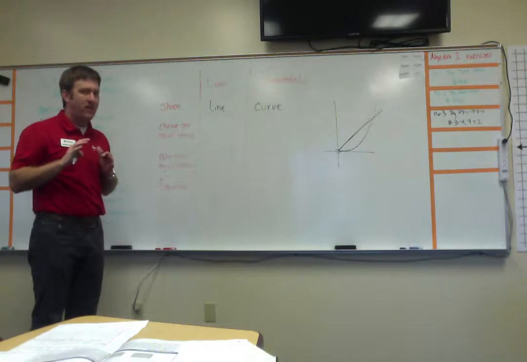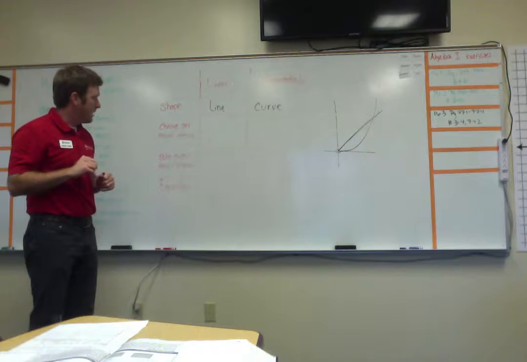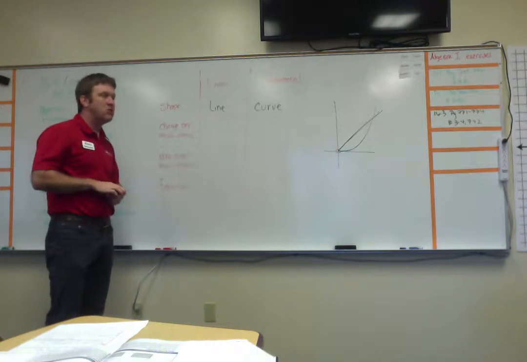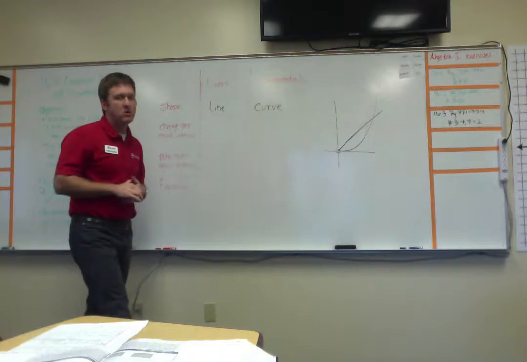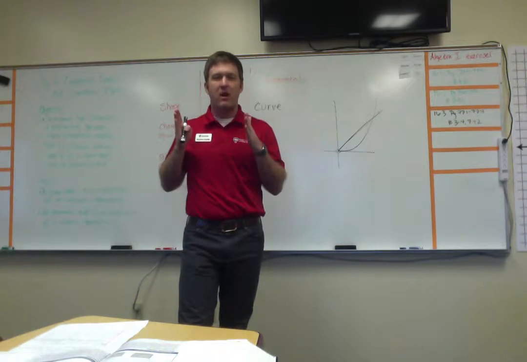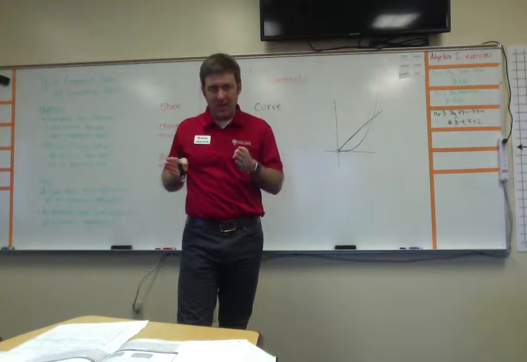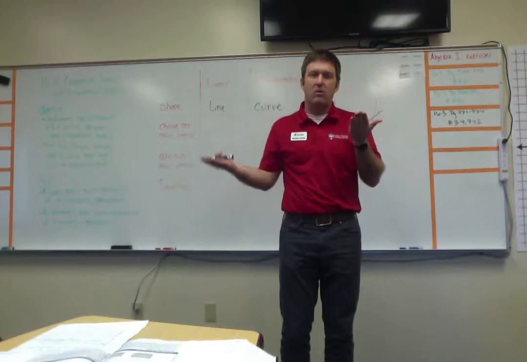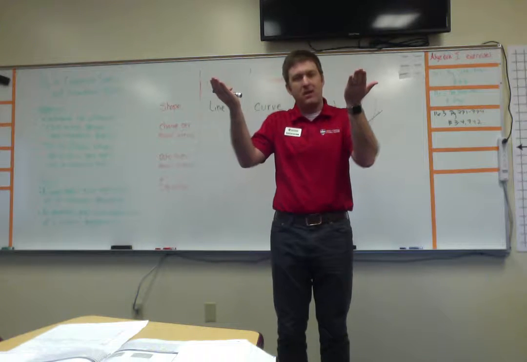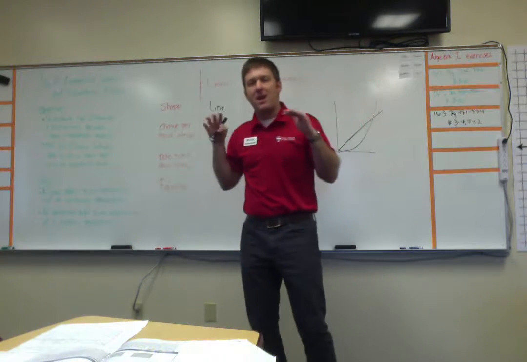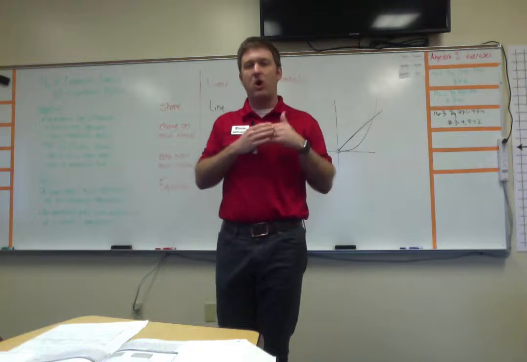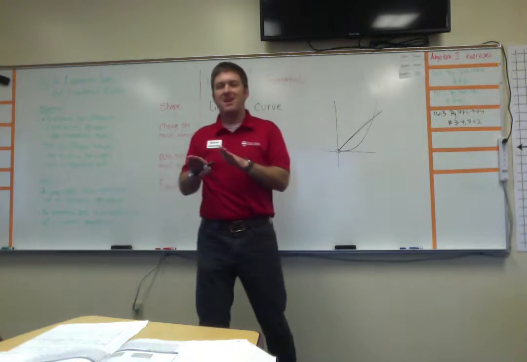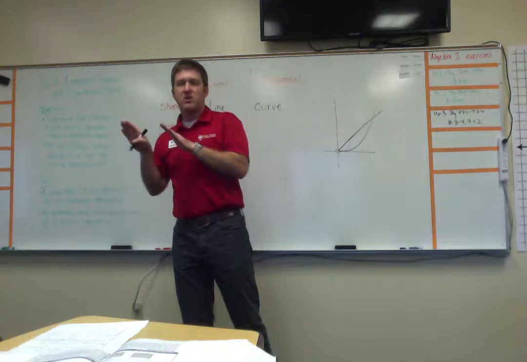And we'll talk about what that difference means as we look over some other characteristics. Now this line says change per equal interval. So we're saying when your x changes by 1 at the beginning and when it changes by 1 a little bit later, how are those two vertical changes related? You'll remember that in a linear model, on a line, no matter where I am on the line, the slope stays the same.